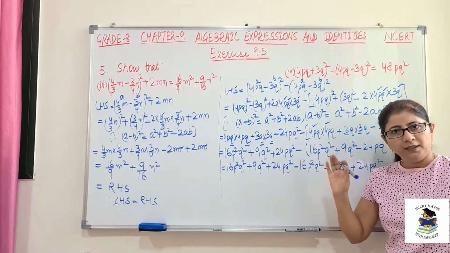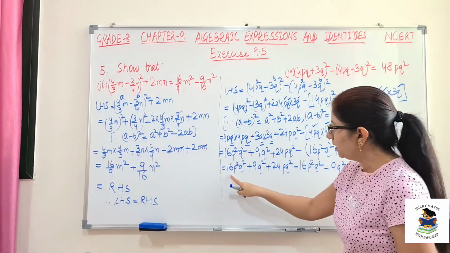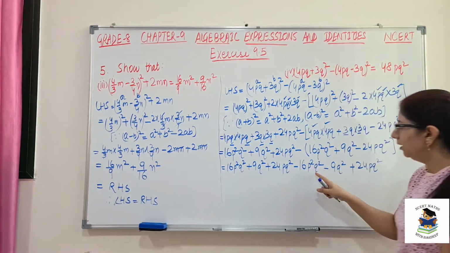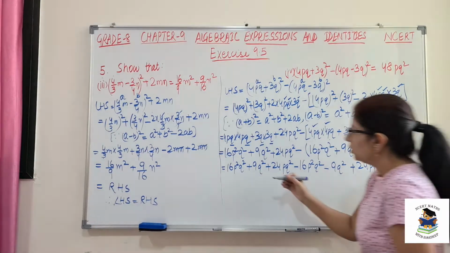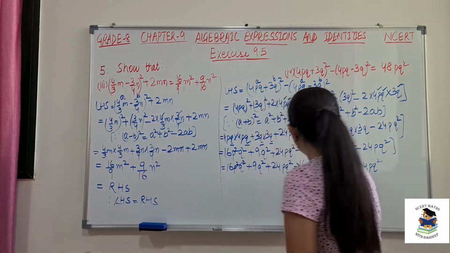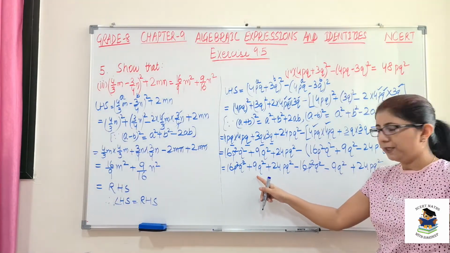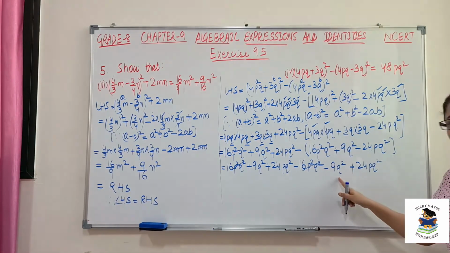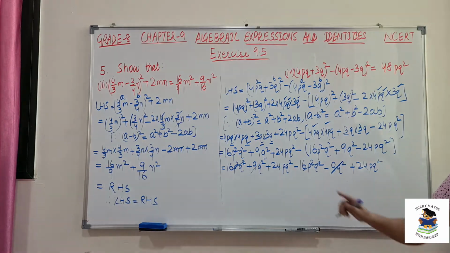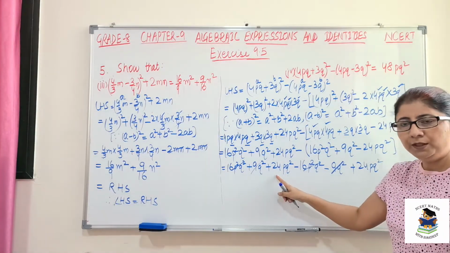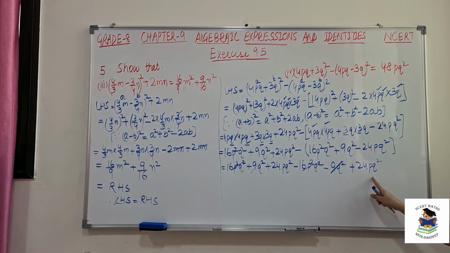Now we will see like terms. Here we have 16 p square q square. Here we have minus 16 p square q square. So we will cancel them. Okay. Next is plus 9 q square minus 9 q square. So again they will get cancelled. Next is plus 24 p q square plus 24 p q square.